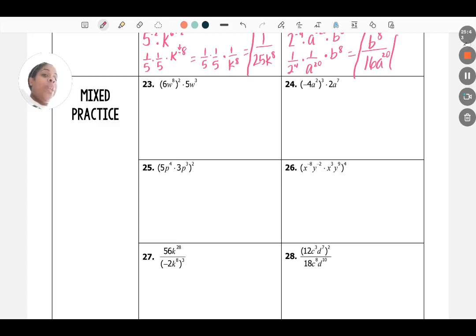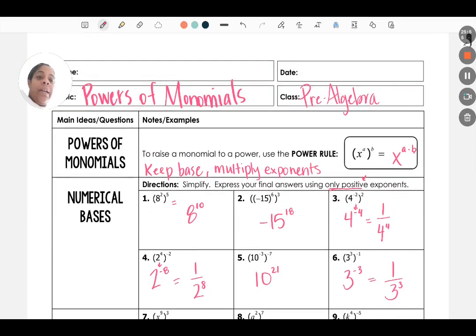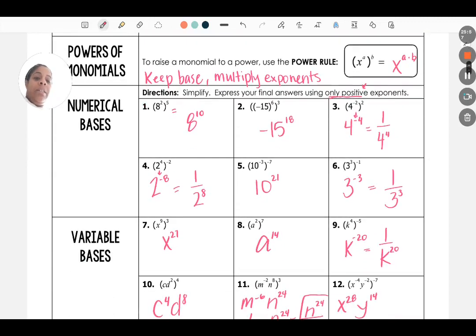Ooh, tricky, mixed practice. It's trying to make you remember the first worksheet on monomials when you multiply, and I showed you up here. When you multiply them, oh, I erased it. When you have x squared times x to the cube, you add the exponents, right?